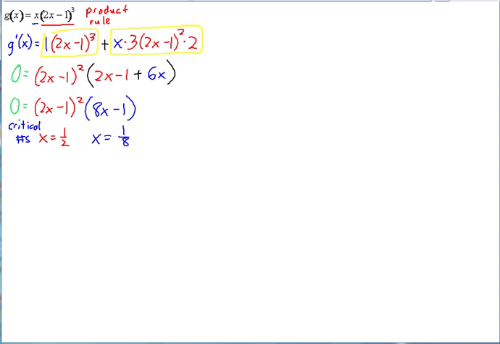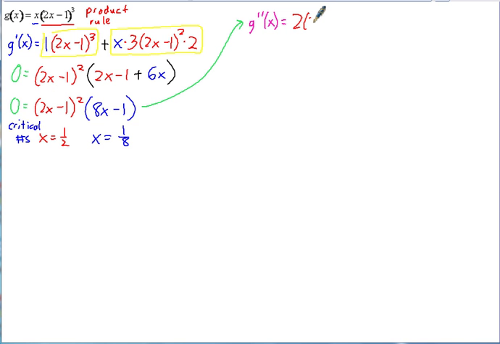So here the easiest place to find the second derivative is probably from right here after we simplified it. So we still would have to use the product rule again though. So g double prime of x, second derivative, would be the derivative of the first one using the chain rule there and power rule.